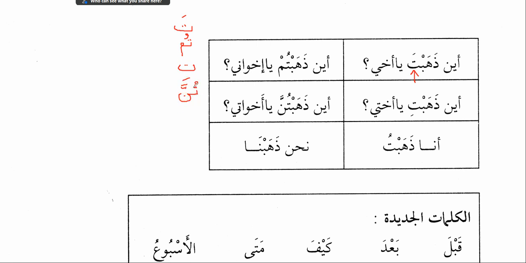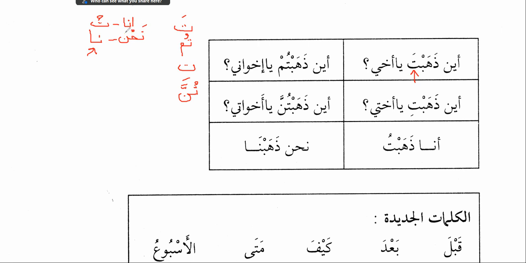So you learned all these four, and for the mutakallim or the first person you learned ana and nahnu, and what is the attached pronouns with the verb? For ana it's tu, and for nahnu it's noon al-fa'ilin. This is known as noon al-fa'ilin.